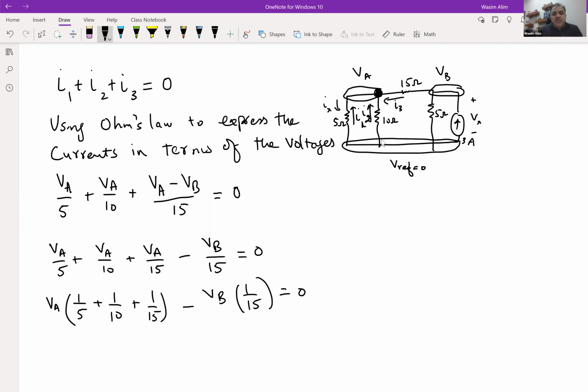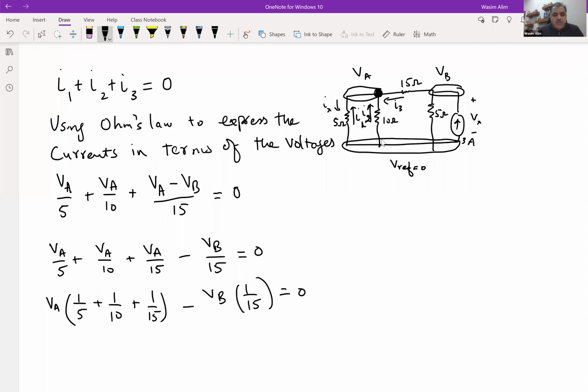Okay, now you can resolve this by dividing these values. So you can say 1 over 5 is 0.2, 1 over 10 is 0.1, and then you can also do the 1 over 15. So you can do that and write some coefficient here. So let's go ahead and do that.